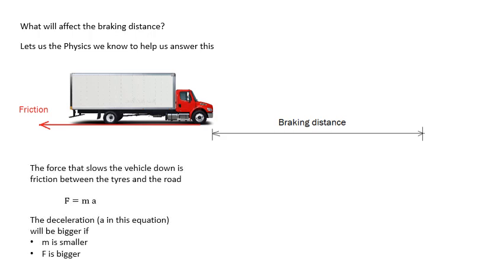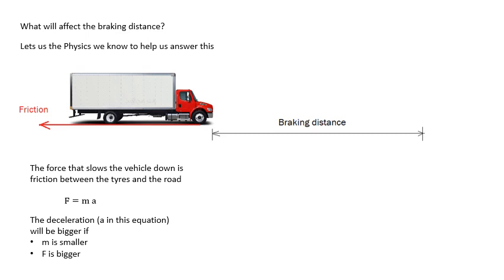What will affect the braking distance? Well, we did an equation, F equals ma, a while ago from Newton's second law. Basically, for a smaller braking distance, we want a larger deceleration, which is a in this equation.